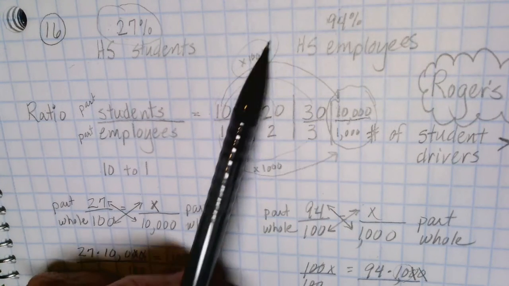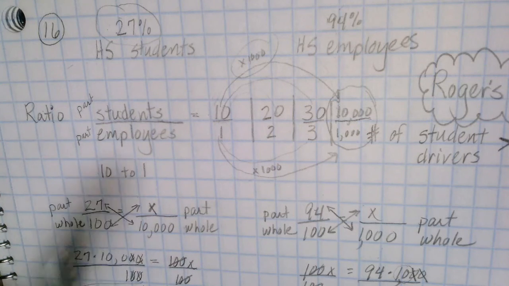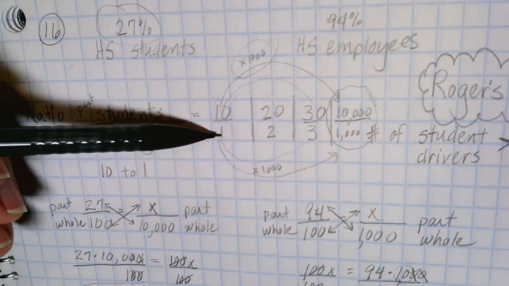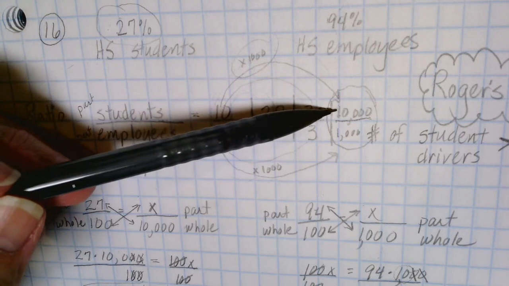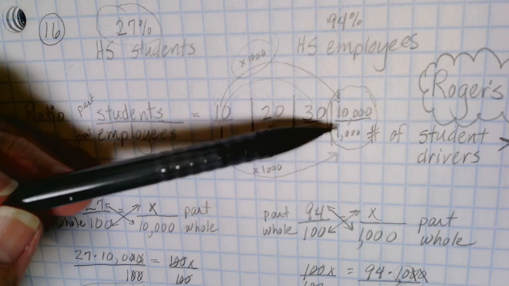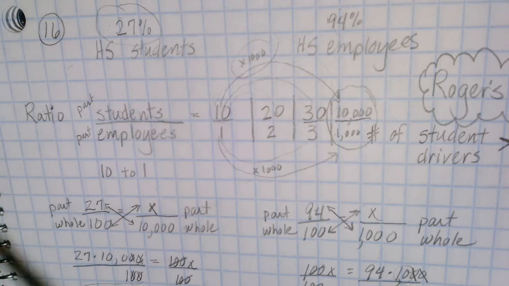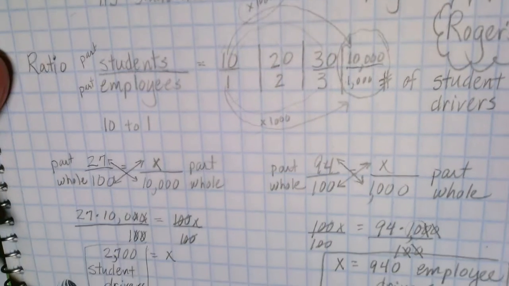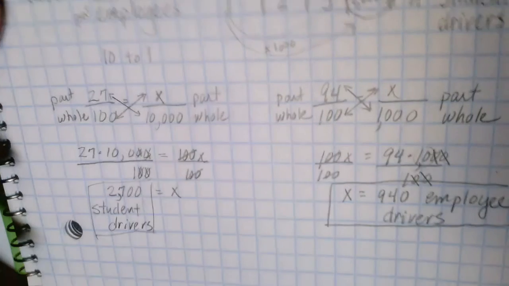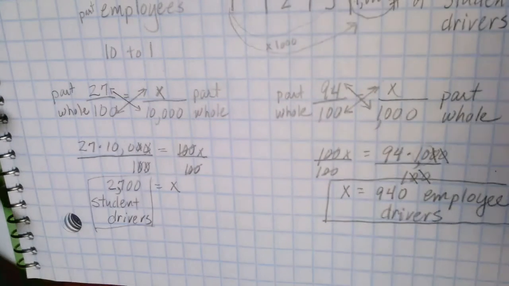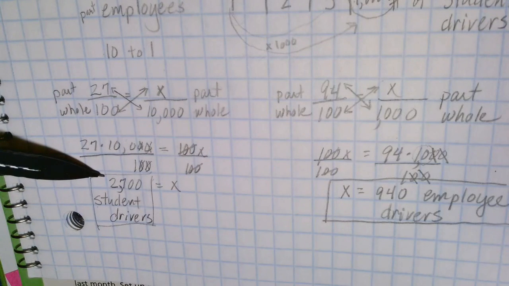We multiplied that ratio by 1,000, both in the first term and the second term. After we got our number of students in our fictitious school and the number of employees in our fictitious school, we used the percents from the surveys, and we were able to determine the number of drivers.